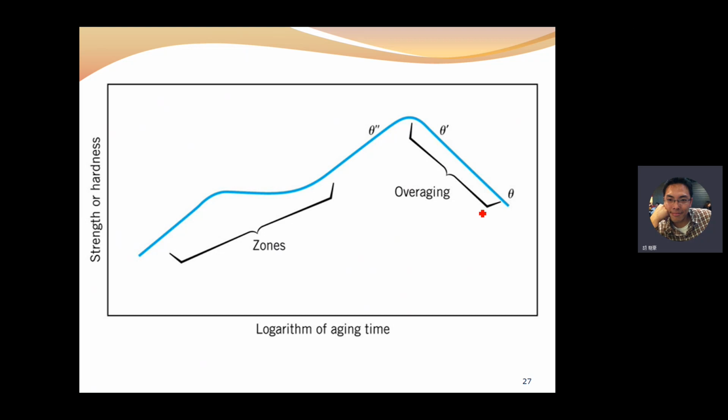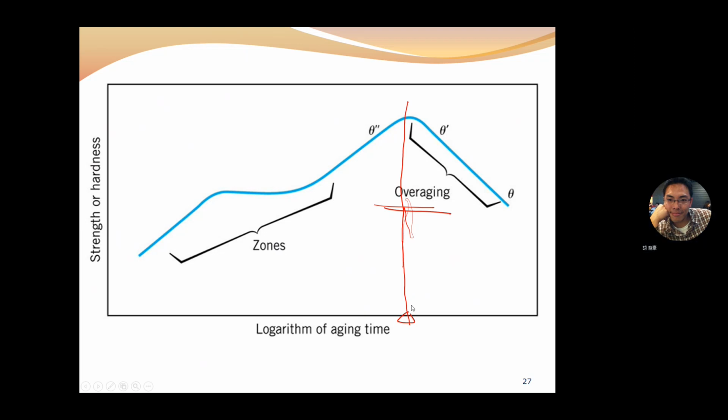So we have to modify our aging process to get the highest hardness or strength. We have to find the optimal time for aging.